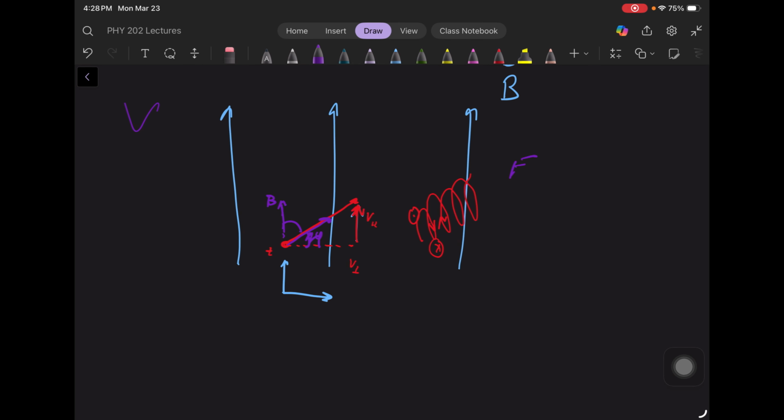So when we go ahead and find F equals qvB sine phi, we have our phi there.